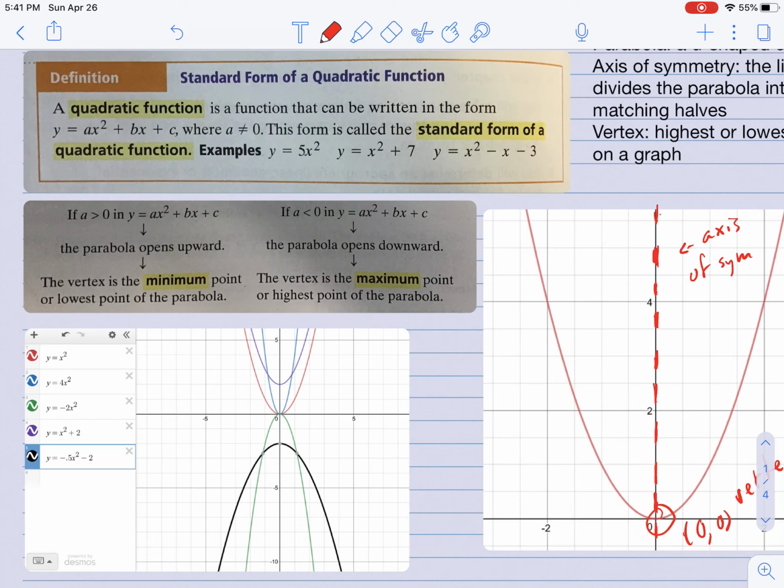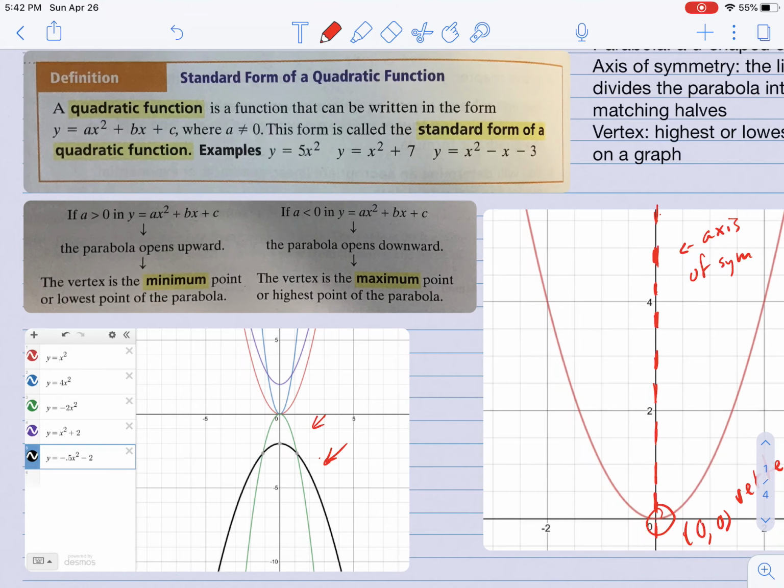A maximum vertex is going to be when your a value is negative, so less than 0. That's going to be the mountain. So if you look down here, this green graph and this black graph, those are maximums because their a terms are negative values.